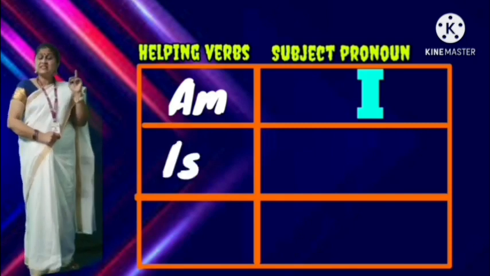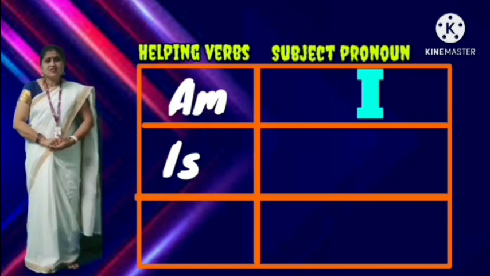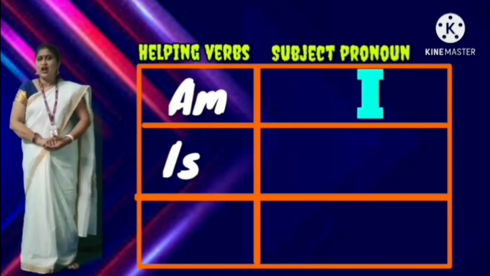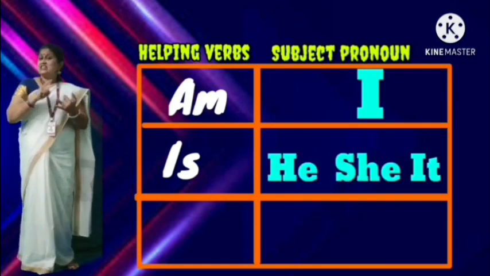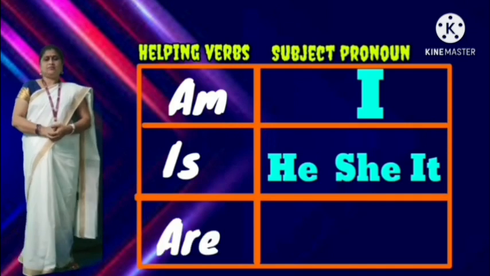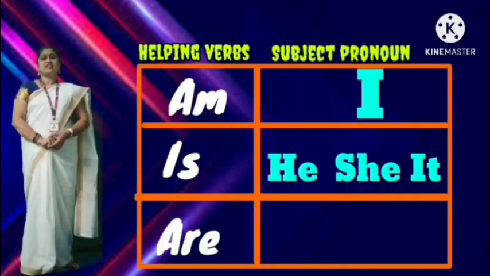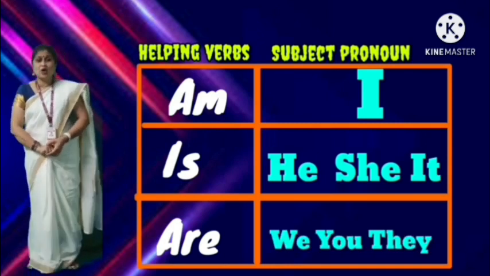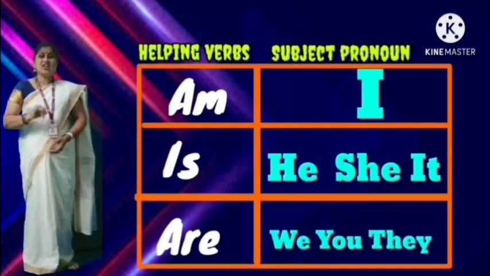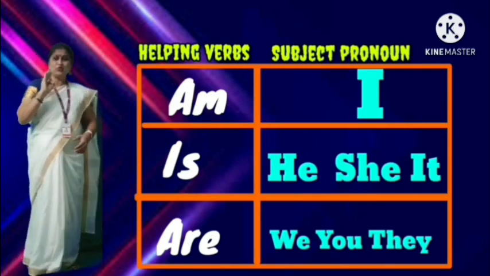Is, present helping verb, is used with singular subject pronouns he, she, it. And are, present helping verb, is used with plural pronouns, that is we, you, they. Isn't it? We, you, they.